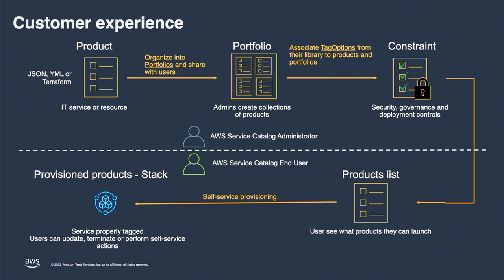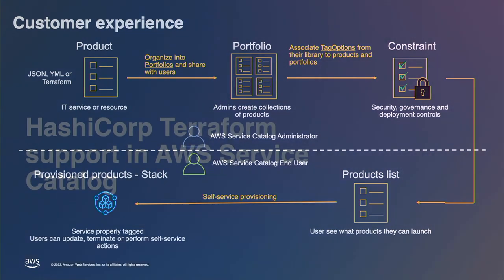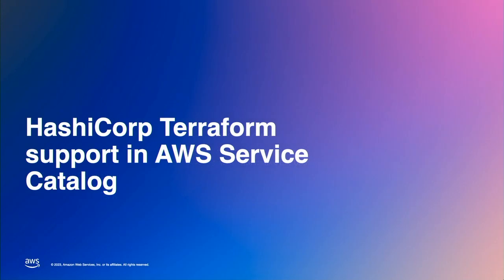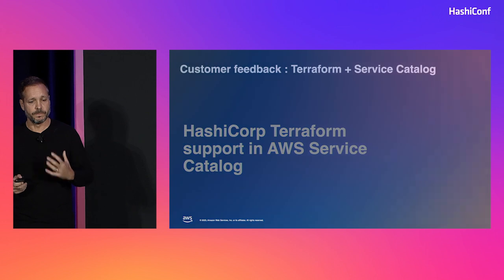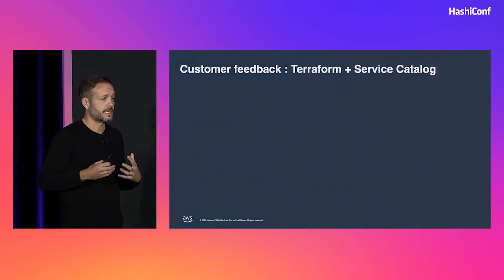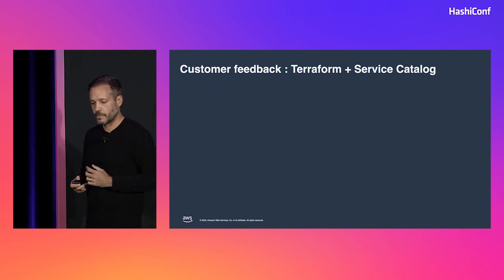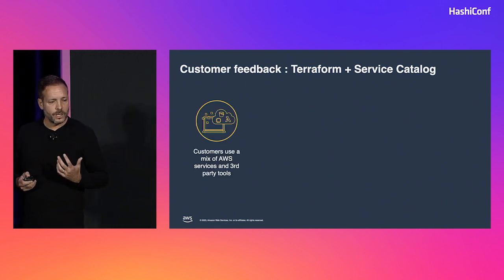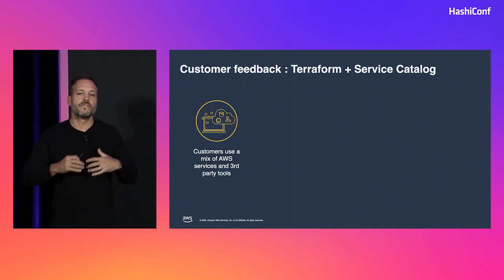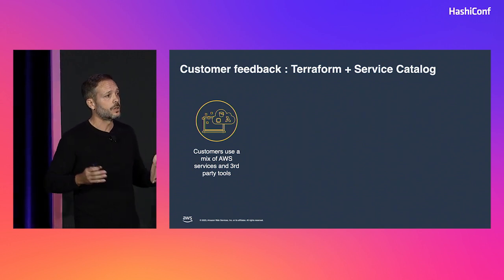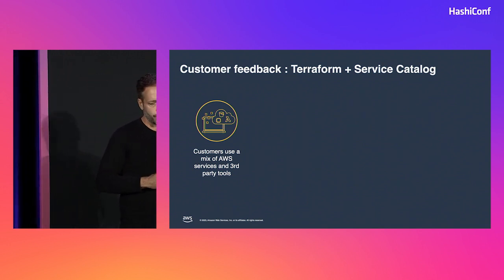All right, so now that we have a better understanding of service catalog and how it works, let's switch to the Terraform Cloud integration. And first, let me show you why we decided to build that feature. We know customers use a wide variety of tools and technology to manage their cloud infrastructure.